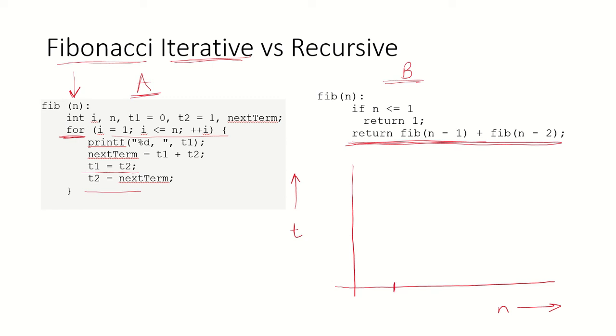Suppose n is 10, then what is the time taken? Suppose the time taken is t1. What if n is 20? What will be the time taken? Suppose the time taken is t2. What if n is 50? What will be the time taken? What if the value of n is 100? What will be the time taken?